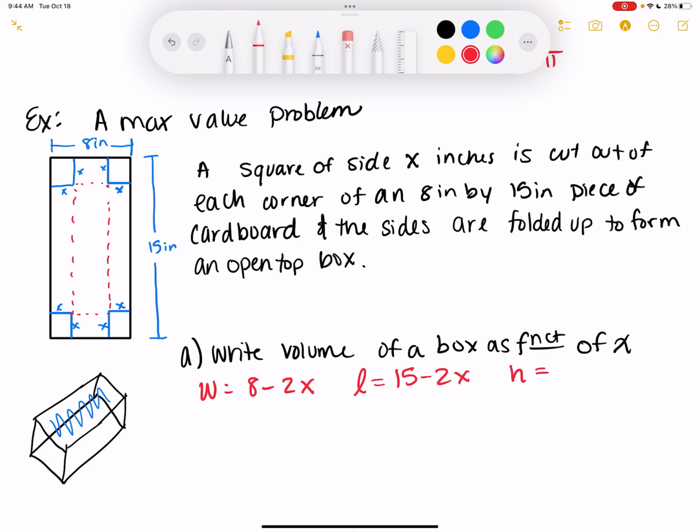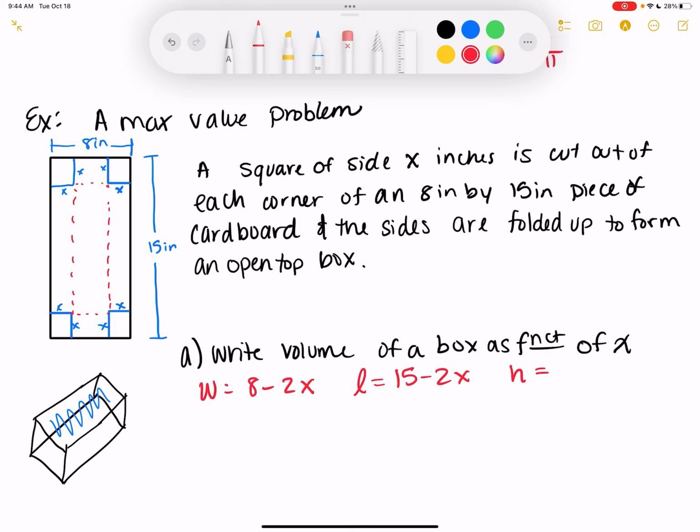Like length minus width. The height should be the easiest thing on here. Christian, if you're folding up the sides, how big are those sides that are getting folded up? Oh, 2x.